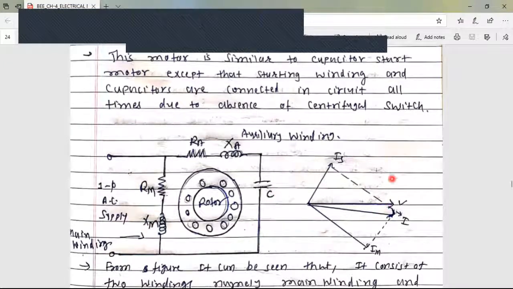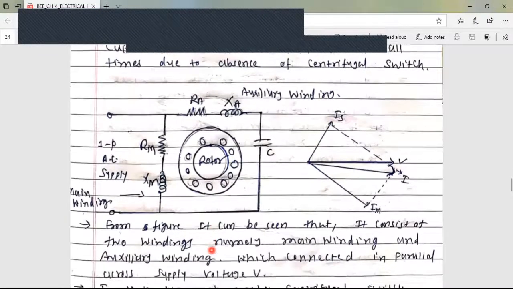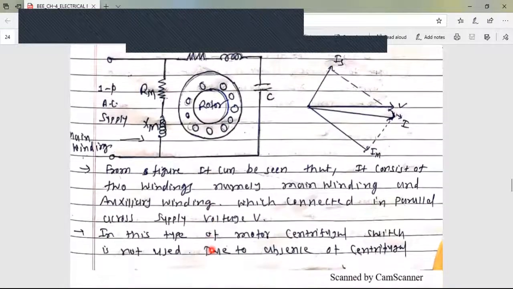Here, the vector diagram also remains the same. See here, it consists of two windings, similarly as in the capacitor start induction motor: a main winding and an auxiliary winding, connected in parallel with supply voltage V. In this type of motor, the centrifugal switch is not used.